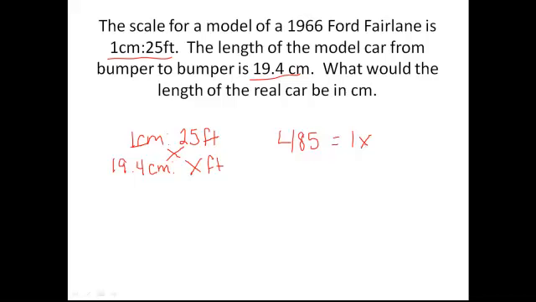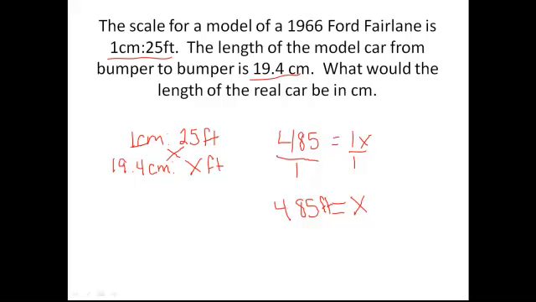I'm sure that you guys have realized by now that 1 times anything is still itself, which is called the identity property, if that happens to come up. And the identity property says 1 times anything is indeed itself, and if I divide anything by 1, it's still itself. So, when we divide that out, the answer is 485 feet, because that's what we're searching for, is feet.